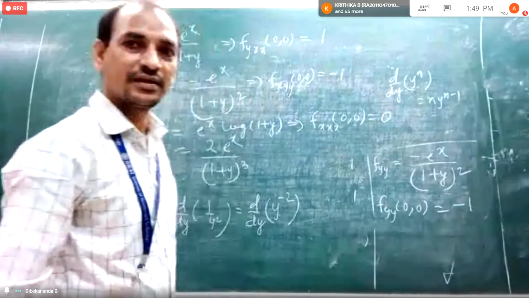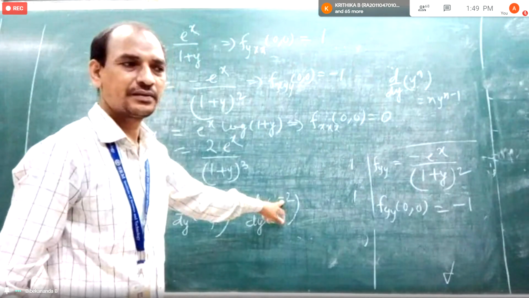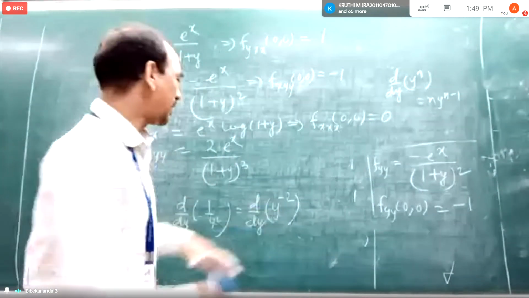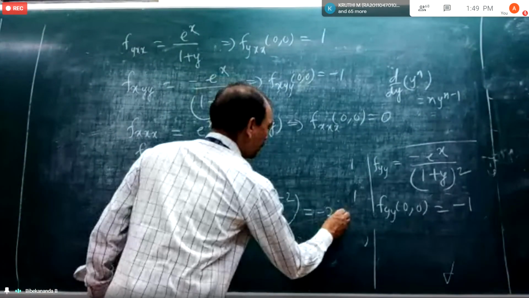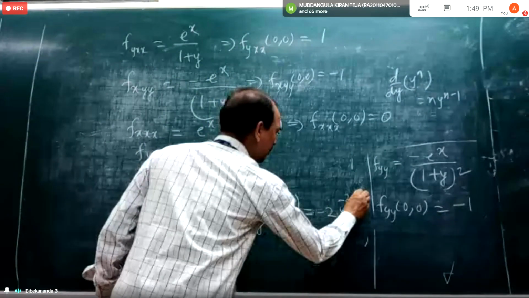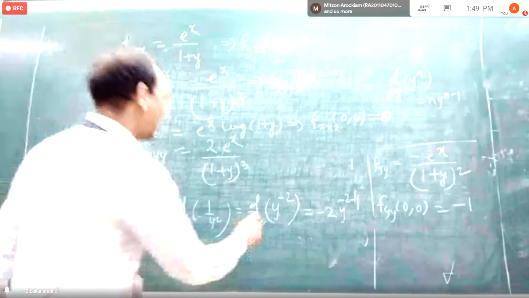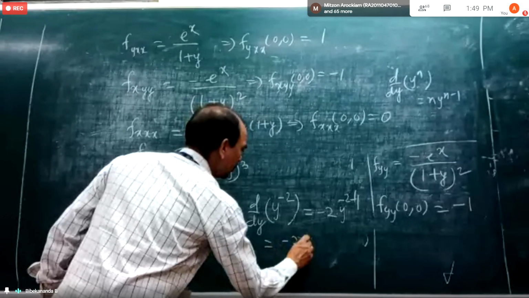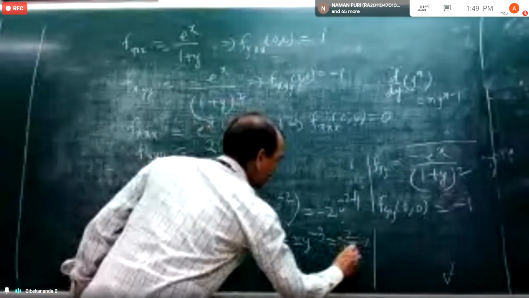So in place of n, we have minus 2. So this derivative is minus 2 into y to the power minus 2 minus 1, and so we will get minus 2 y to the power minus 3, and so minus 2 by y cube.